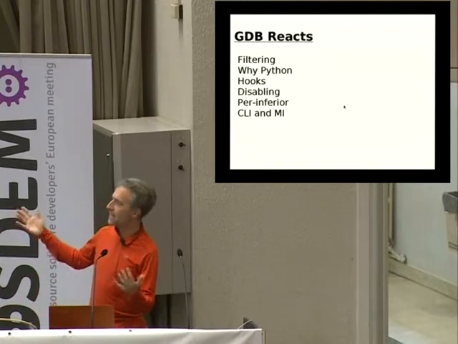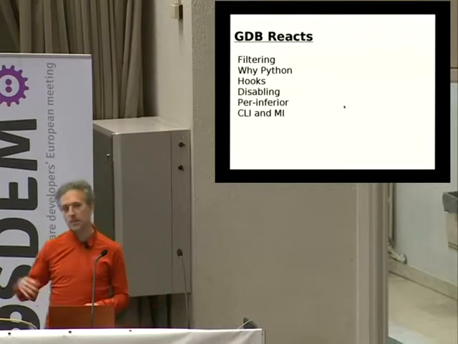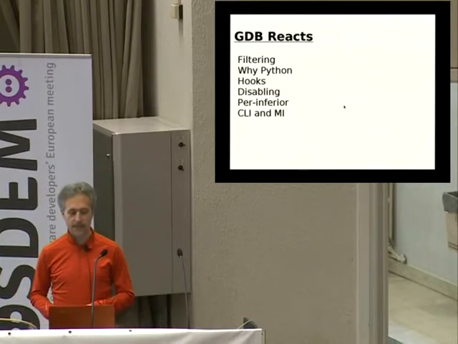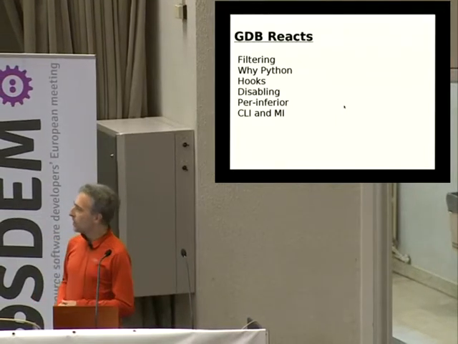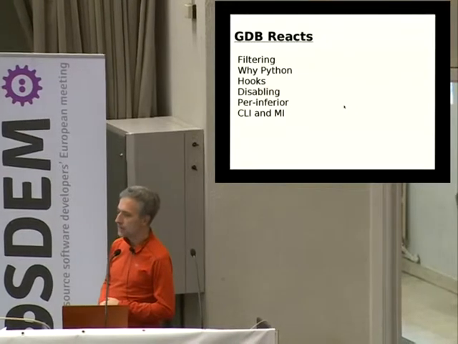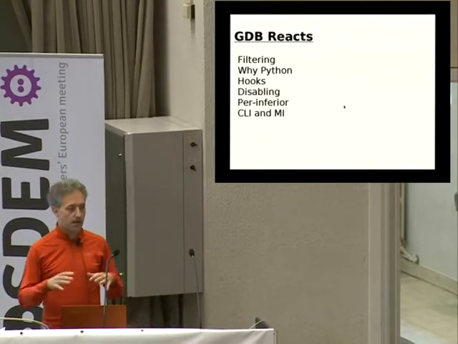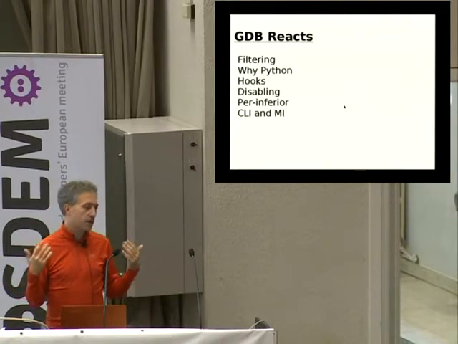So GDB reacts to your program. You guys keep writing bigger programs, crazier programs, and somehow insisting that you ought to be able to debug them. One thing I think we realized is that as your program gets bigger, debugging it gets harder. The bigger the program, the less of it you actually know.